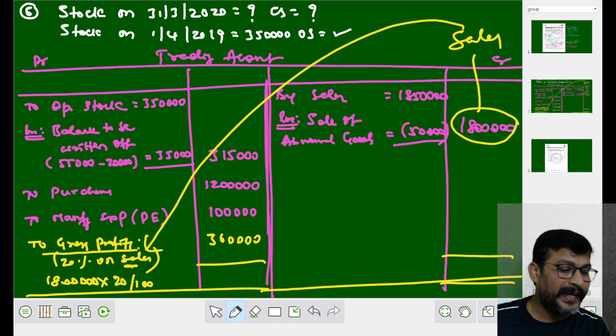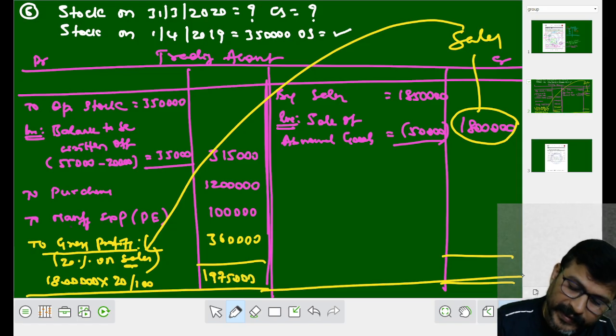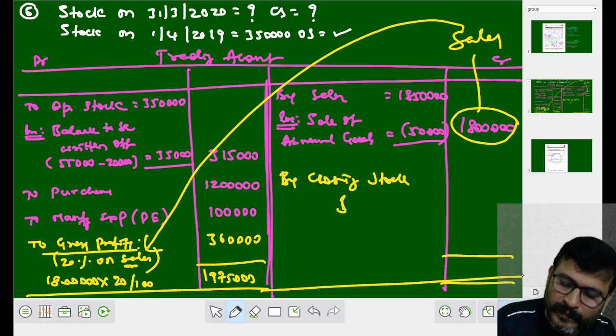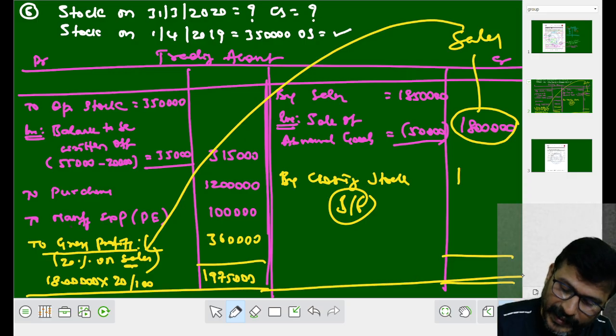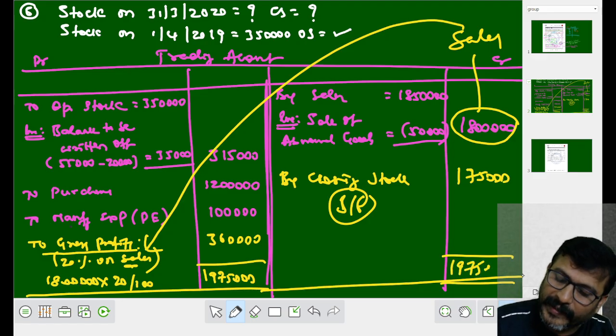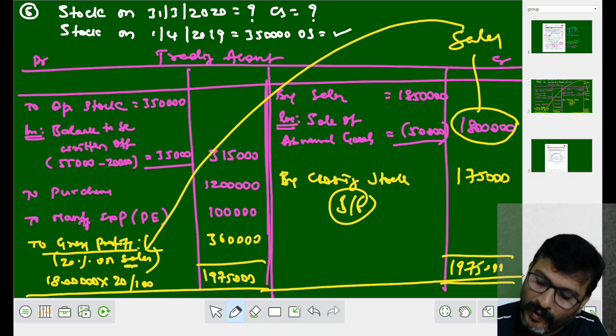It comes to 19,75,000. Subtract it. The answer is closing stock. As a balancing figure, it comes to rupees 1,75,000. Total comes to rupees 19,75,000. See, this is how we have to do the solution for this particular problem.